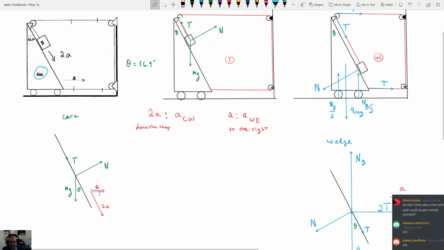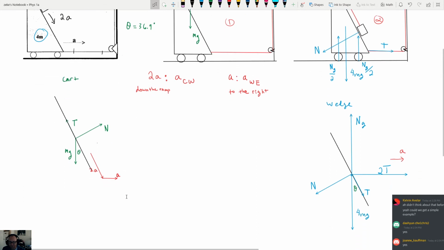Now, it may be easier to add them if we put them tip to tail, like this here. So I think that's what I'll do. We have A here and 2A right here. One thing helpful about adding them tip to tail is I can add another line in here, like this.